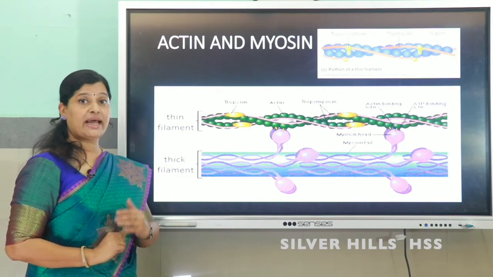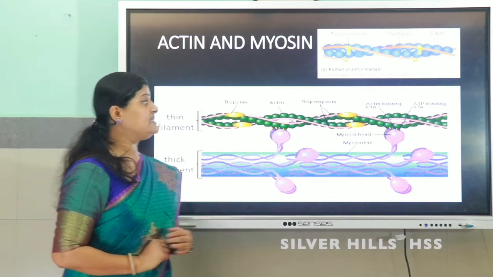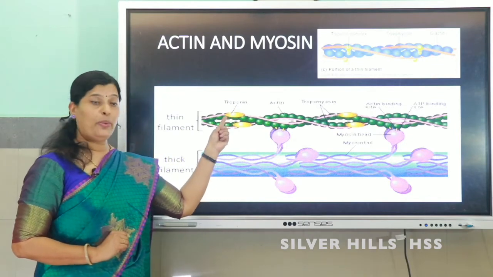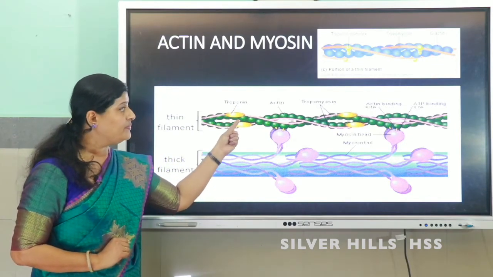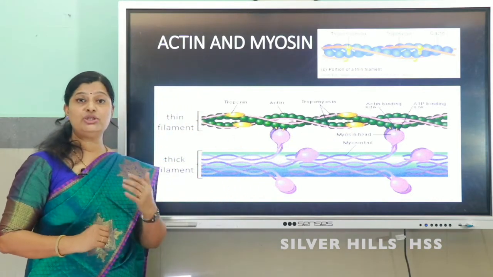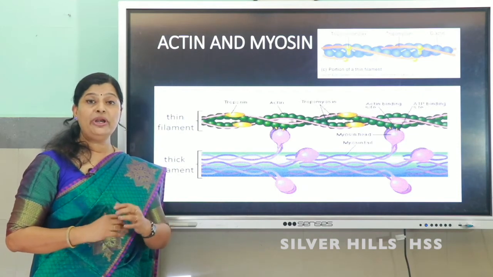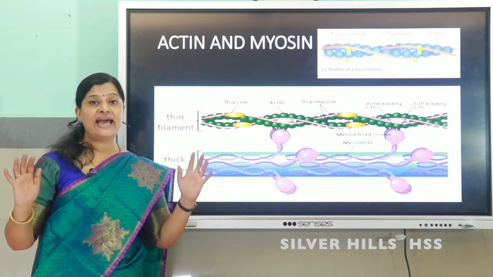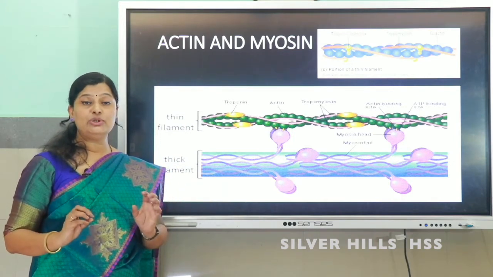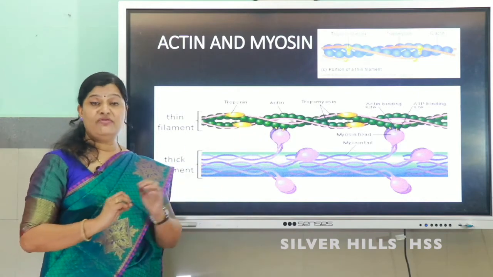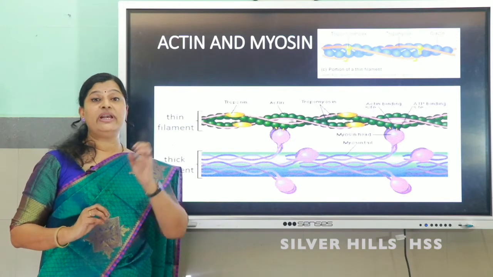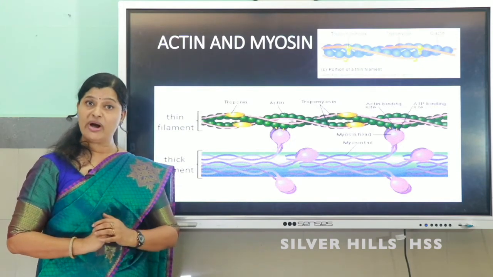There is another type of protein which is seen at definite intervals, and that protein is called troponin. You can see over here the troponin here and here, right? Troponin protein. Now what is the duty of this troponin protein? When the muscle is at rest, not doing any contraction, the actin filament has a site for the linking or binding of myosin.